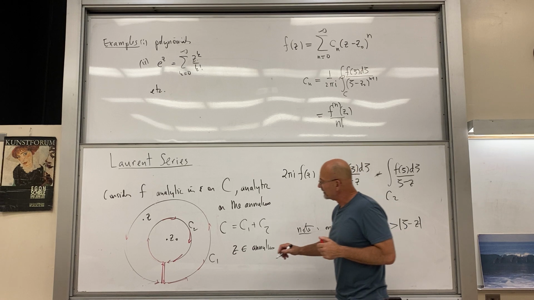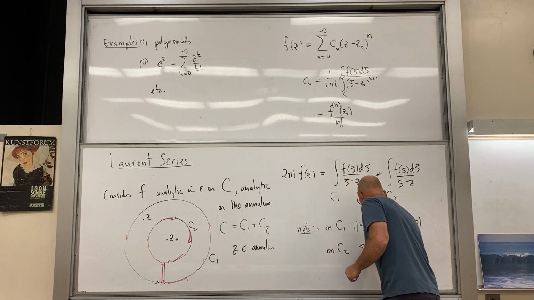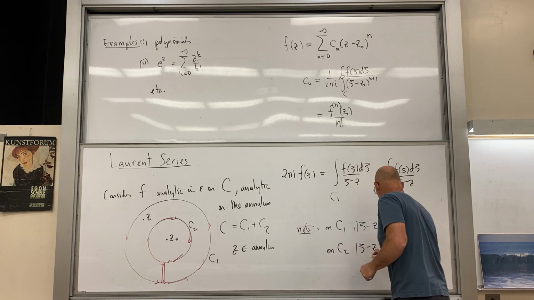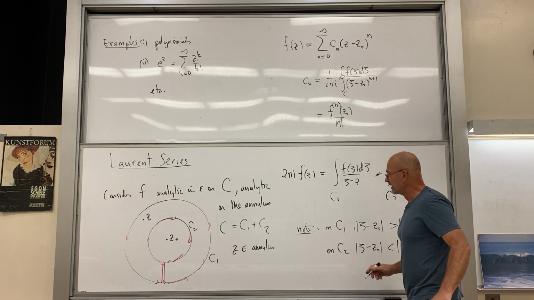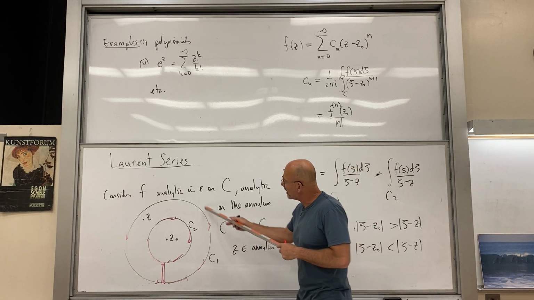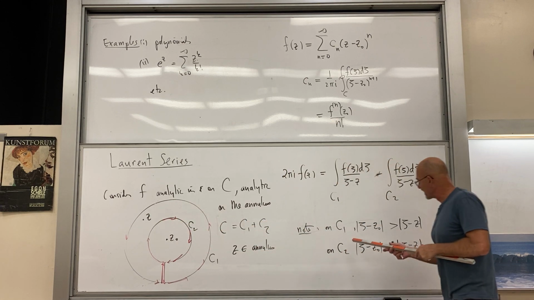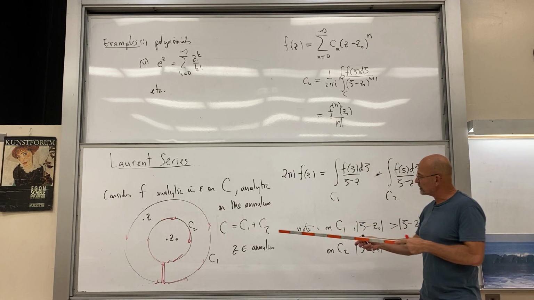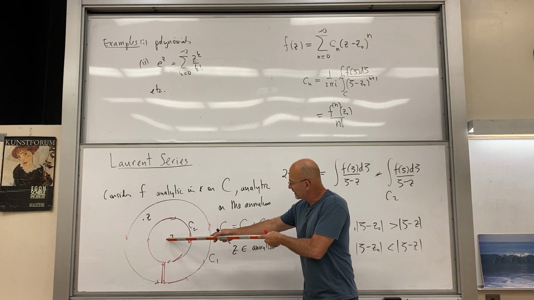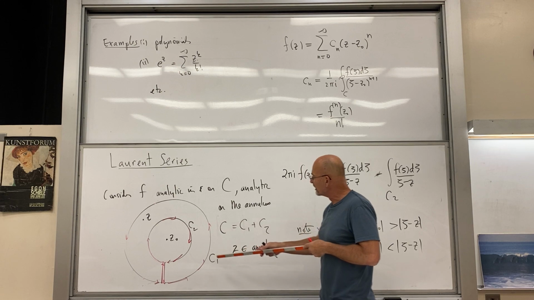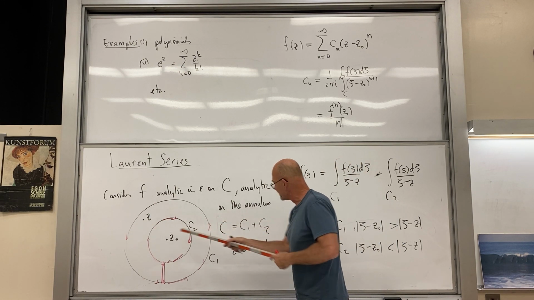Inside, on C2, it's the other way around: the magnitude of zeta minus z sub 0 is less than the magnitude of zeta minus z. Okay, the zetas are all taken from the contour. Z is some point in the annulus, so again, if you're on the outside contour, the distance from the outside contour to z sub 0, which is the total radius, is clearly greater than the distance to z, regardless of where z is on the annulus.